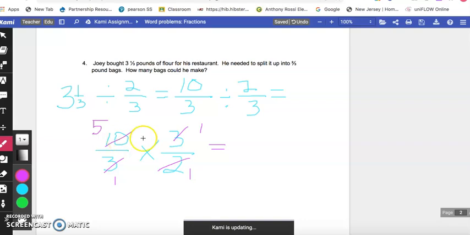And when you multiply through, 5 times 1 is 5. 1 times 1 is 1, which is simply written as 5. So Joey can create 5 bags of flour.